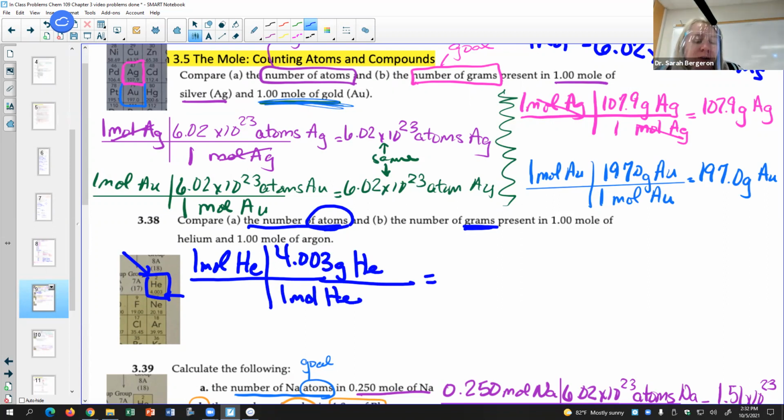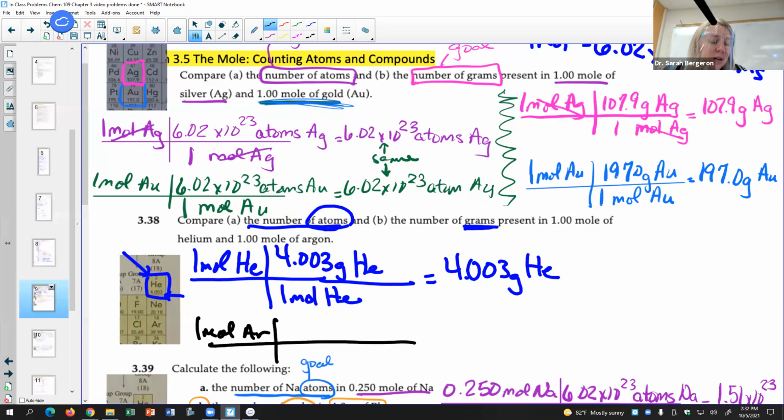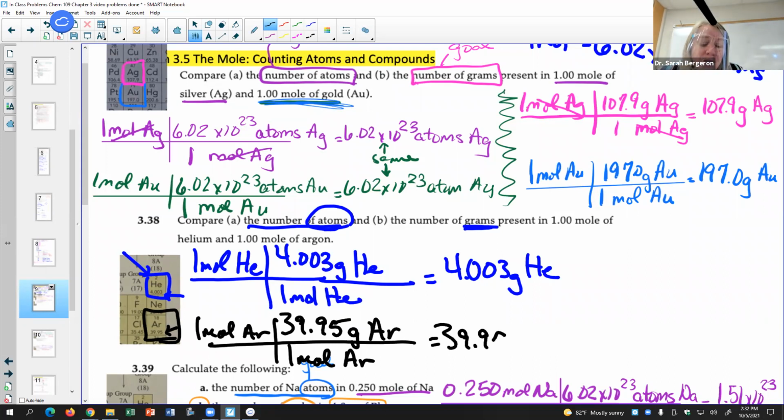How about for argon? If I have 1 mole of argon, I find argon, and I look at that bottom number, and I know in 1 mole of argon, I have 39.95 grams of argon.